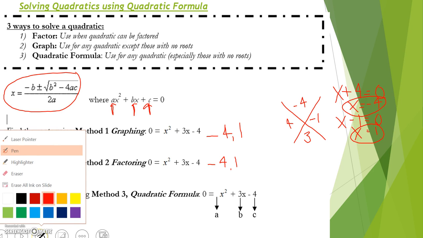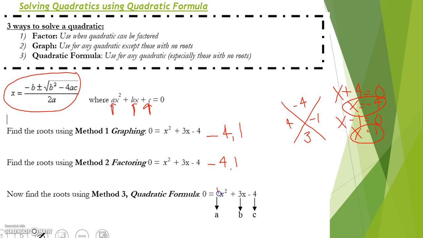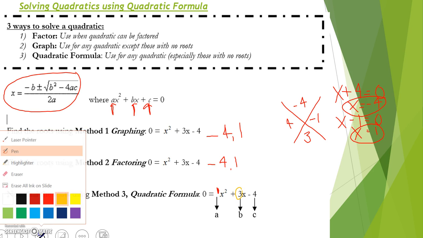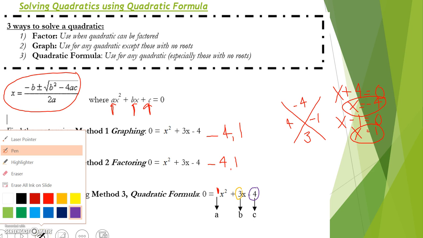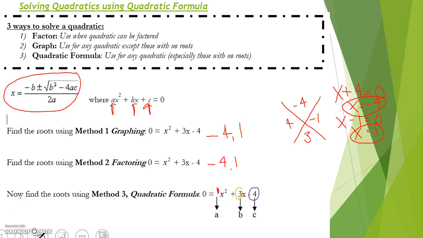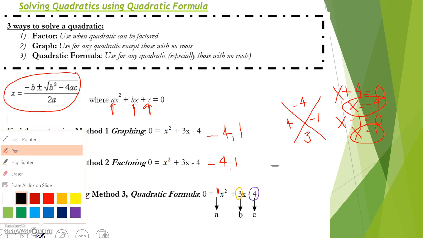And so we have our a. In this case, there's nothing there, so we assume that a is 1. Our b is this 3, the middle number, and our c is -4. You got to bring the sign with it. So what you do first is you plug it into the formula: negative, and then we put our b in.